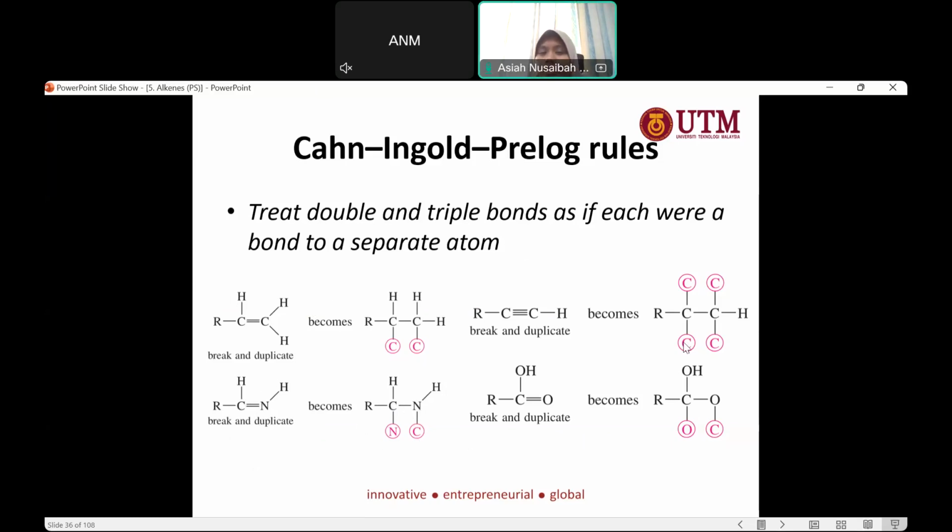Now let's see triple bond. Break and duplicate. But this time we have to break 2 times because it is a triple bond. Break 1 time, break at the bottom again. So break twice and duplicate. So we have to duplicate twice.